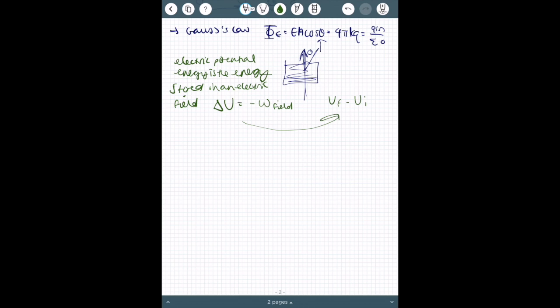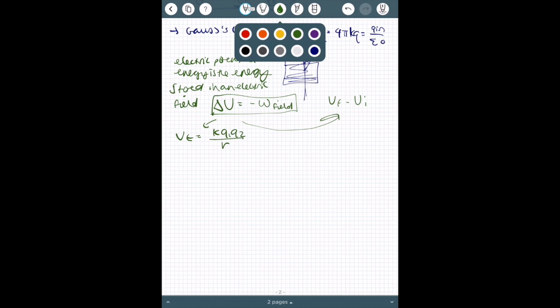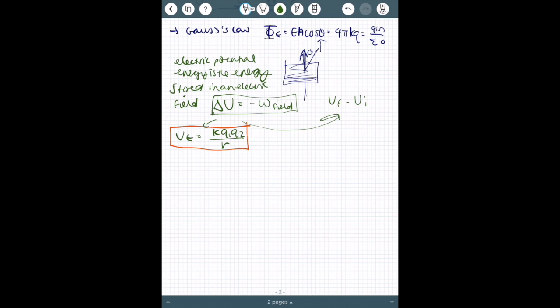Okay, so what is the potential energy? We know the change of potential energy, so the potential energy is equal to K, the same constant as we saw in Coulomb's law, Q1, Q2, over R. That's the potential energy. For this, though, you need to use the algebraic signs.